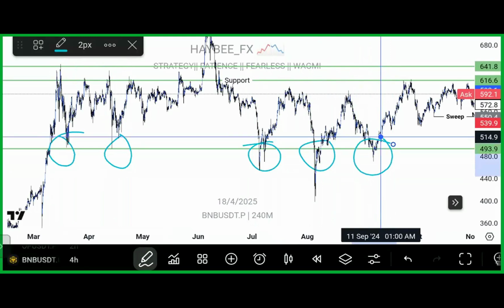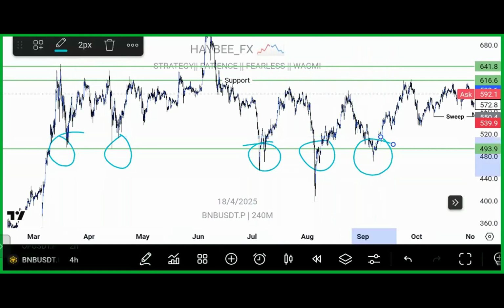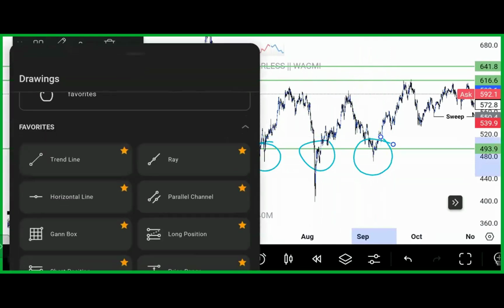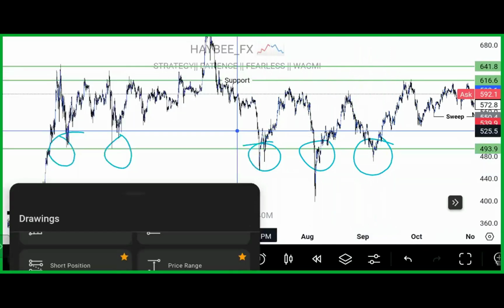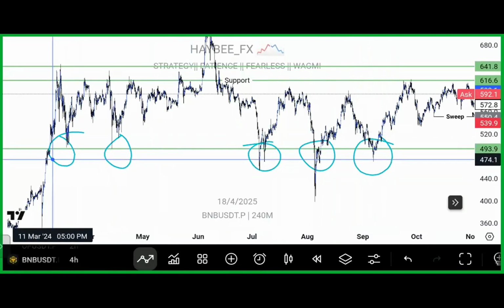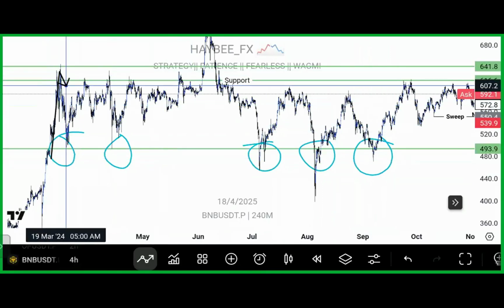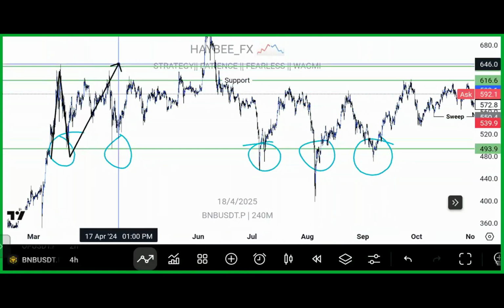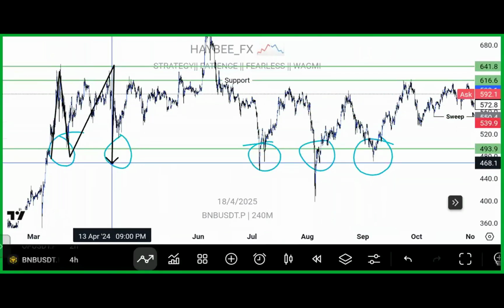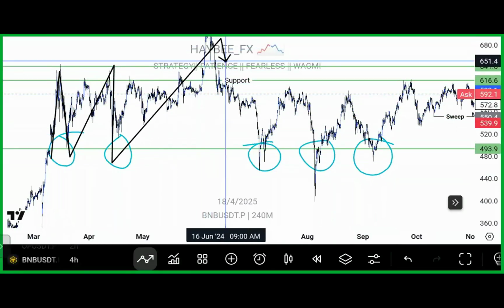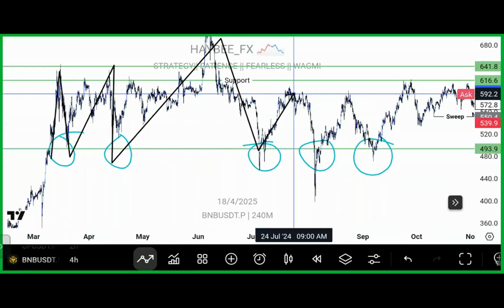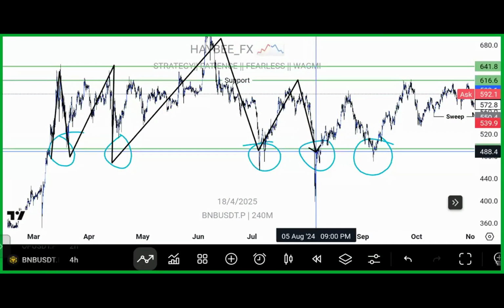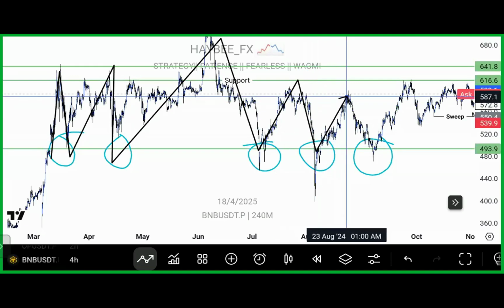If you look at the price action in the previous time, price is coming here, touches this line, doesn't break, comes back up, touches it again, still holds, comes back up, still holds. So this is how you identify your support and resistance line. Hope you are getting my point.